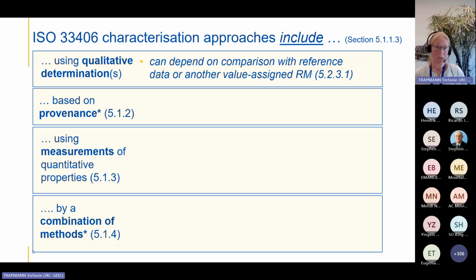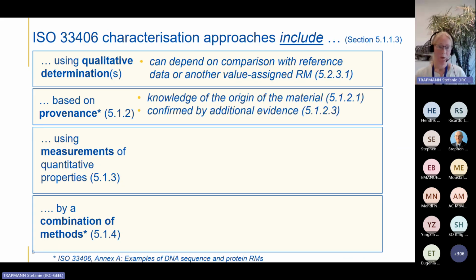For instance, they can depend on a comparison with reference data or other value-assigned reference materials. You can characterize a qualitative property reference material based on provenance, meaning you have the knowledge of the origin of the material and you confirm by additional evidence.